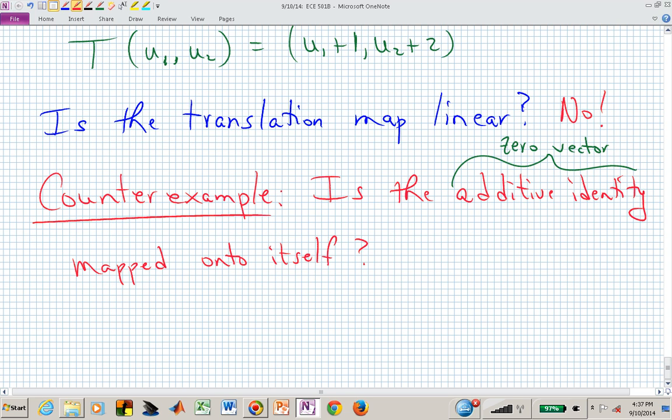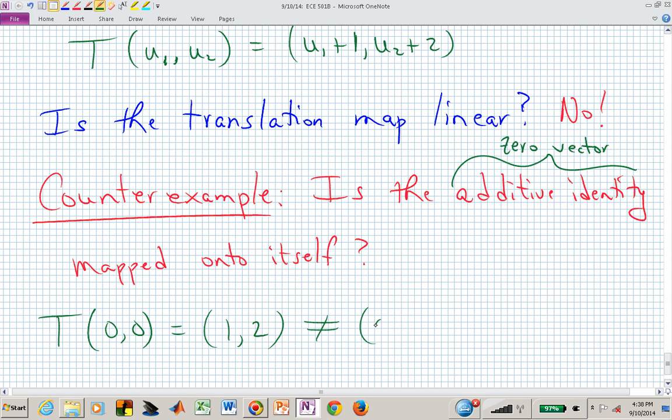We'll explain that in a minute, but let's just look at what happens to this translation map that we have. Suppose now we say, take T and operate on the zero vector. So we plug in U1 of 0 and U2 of 0. And what do we get as an output? 1, 2. We get those constants, 1 and 2, and that doesn't look like the zero vector, does it?